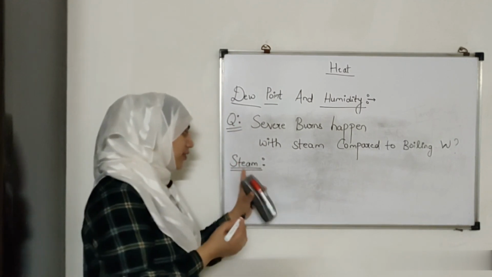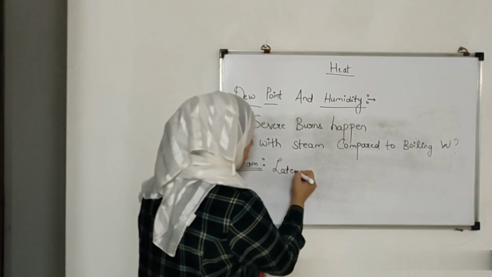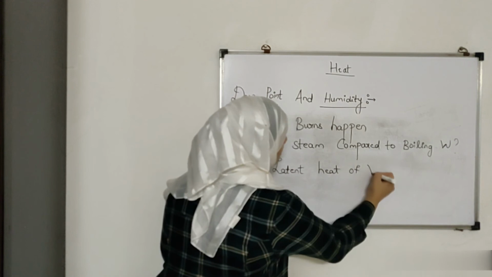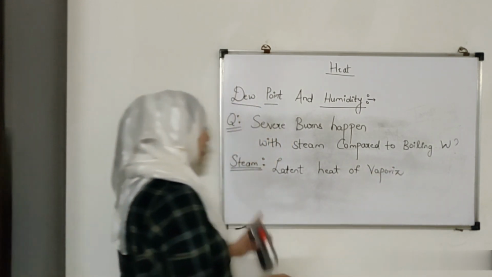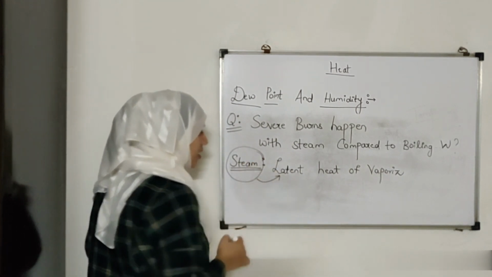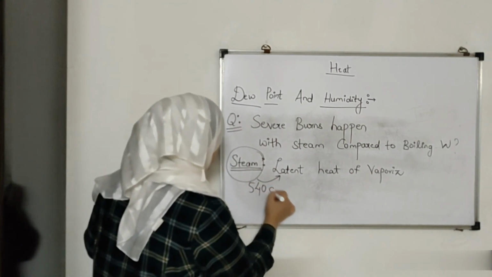So for the formation of steam, we use the latent heat of vaporization. So steam is carrying this extra energy, which is around 540 calories.